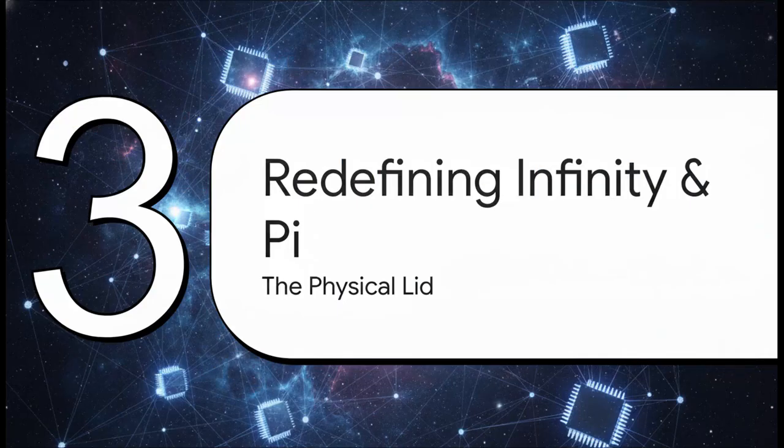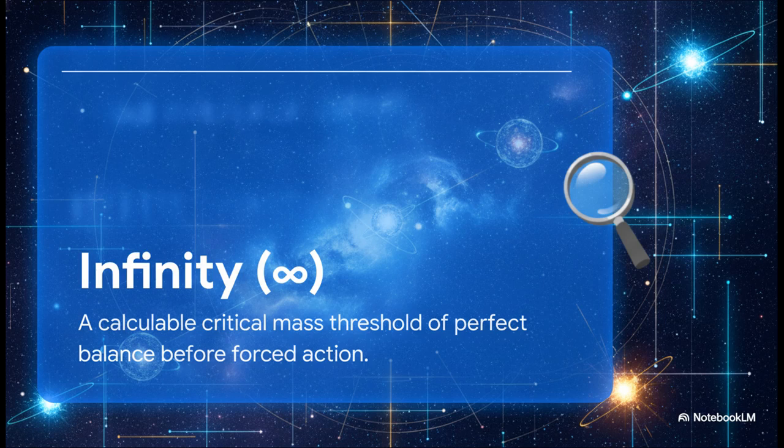Which leads right into Section 3, redefining infinity and pi. The physical lid. To actually stop this endless spinning, the framework proposes something incredibly provocative. It suggests setting infinity to a physical critical mass, a max number, which completely revolutionizes math and computer chips. In standard math, infinity is just this endless, unreachable void, right?